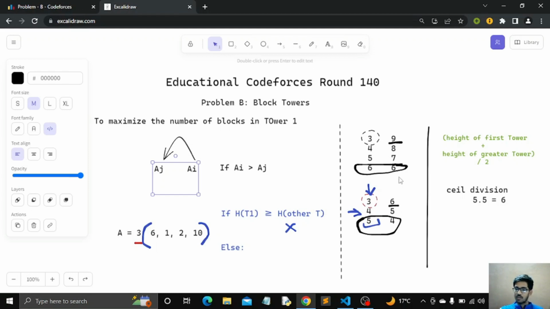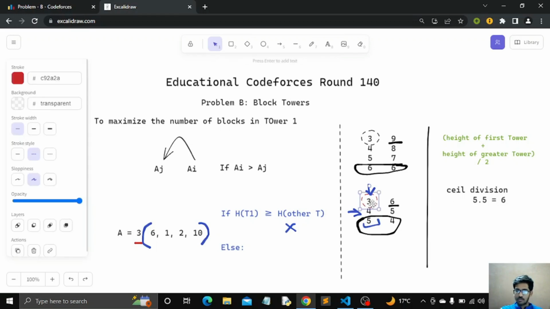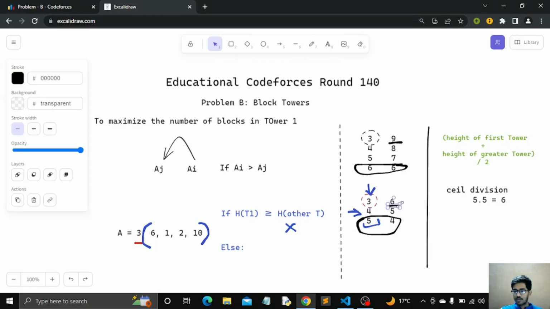So we'll be using this formula. Basically, this formula will give us the updated height of our tower 1. So the formula is height of tower 1 plus height of the greater tower which we are considering, and we are dividing their sum by 2. For example, here the height of first tower was 3 and the other height was 6.